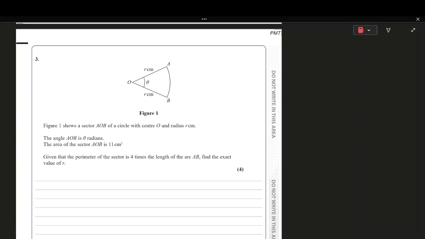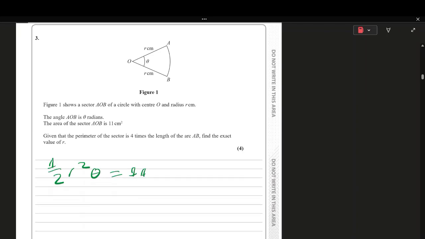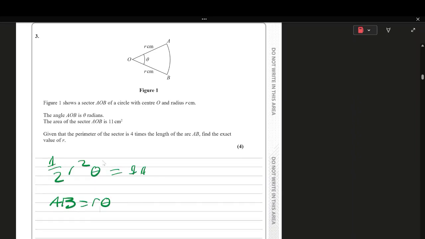So the equation for the area of a sector is half r squared theta. So that is equal to 11. So I'll leave that for later, just write down. And the arc AB, the equation is r theta. So we want to find the perimeter.